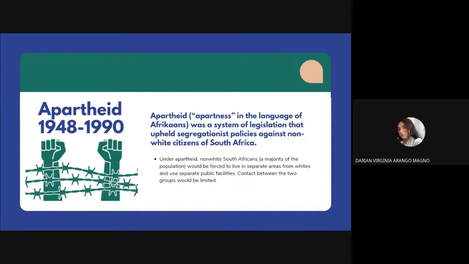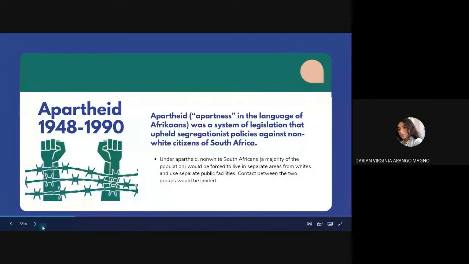And despite strong and constant opposition, inside and outside South Africa, its laws remained in force for the better part of 90 years. Next slide, please.